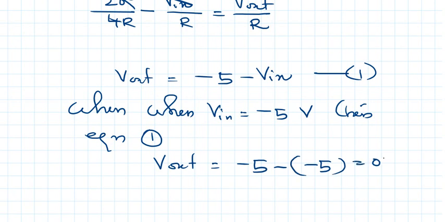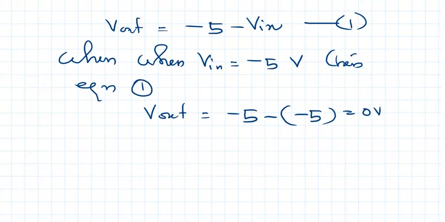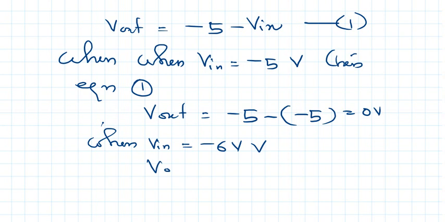Okay, so apart from this, if we increase V in voltage as -6 voltage, then V out will be -5 minus (-6). Okay, that is 1 voltage.